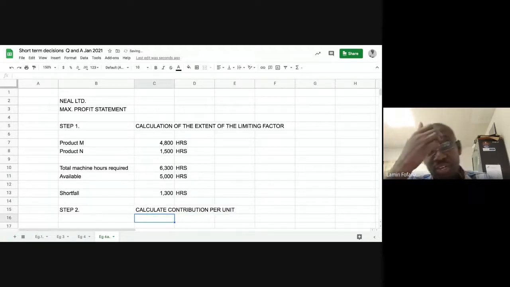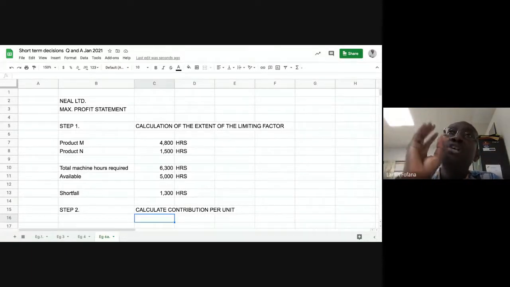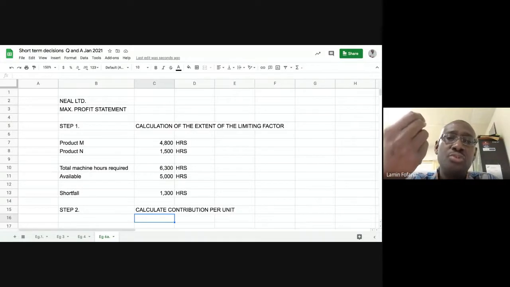Okay? So take note, this contribution per unit, its only purpose is to calculate the total contribution and subsequently the profit calculation. It is not going to be used to gauge our optimal production planning. Our optimal production planning will always be based on the limiting factor.